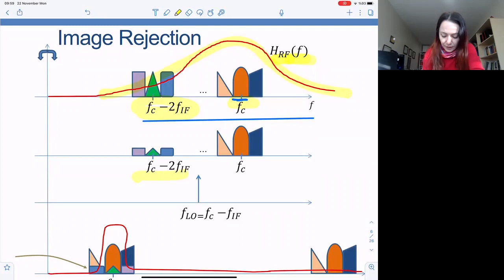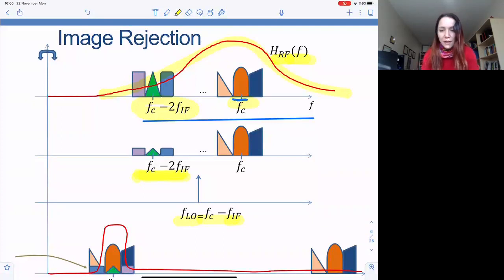Notice that the distance of FC minus 2 FIF to the frequency FIF is equal to FC minus FIF. So if you use the local oscillator frequency FC minus FIF to bring FC down to FIF, then you will also be bringing FC minus 2 FIF to FIF as well.